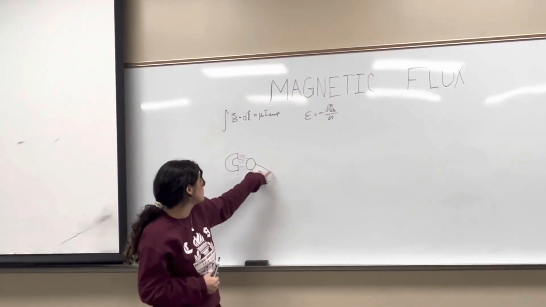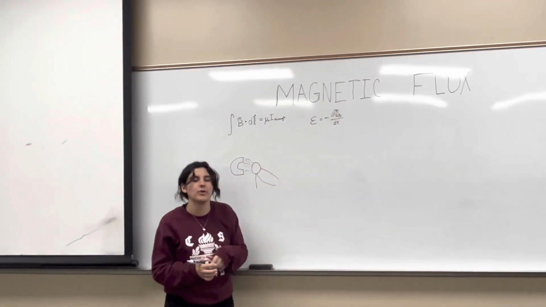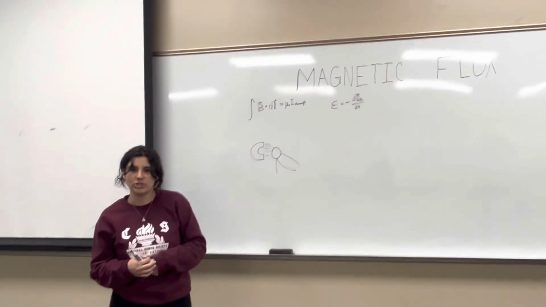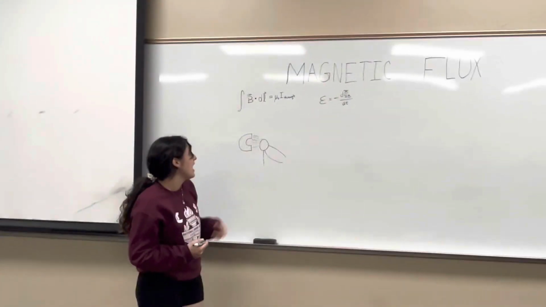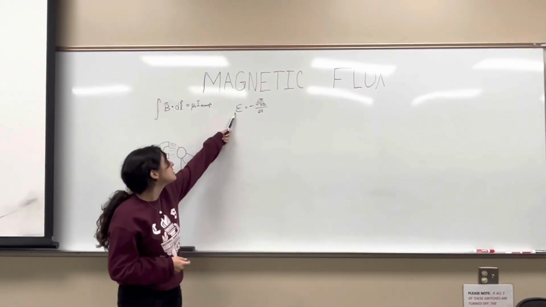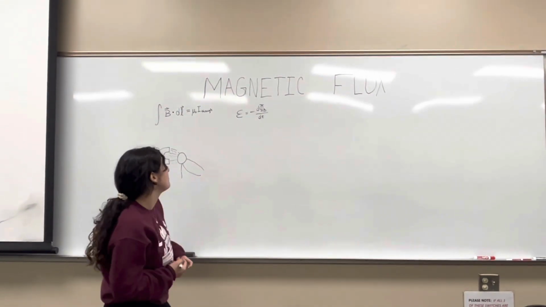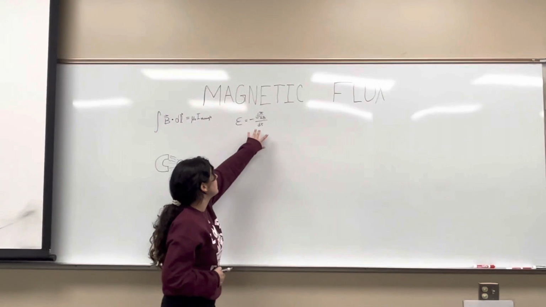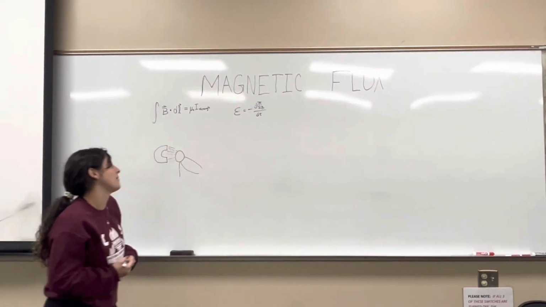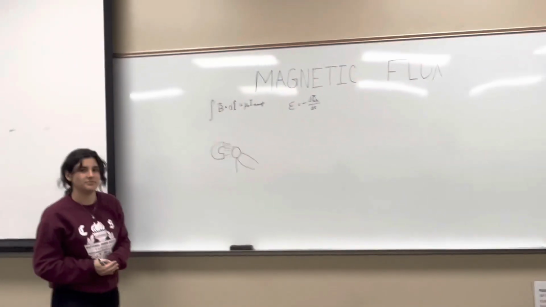We have this ring connected to two wires, and we're going to connect those wires to a voltmeter to measure the voltage drop of the ring. And using that as our electric field, we can then solve for the changing magnetic flux, and using that flux, we can solve for the magnetic field due to the magnet.